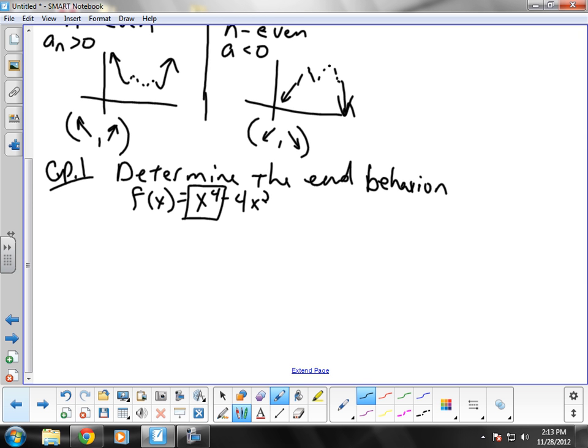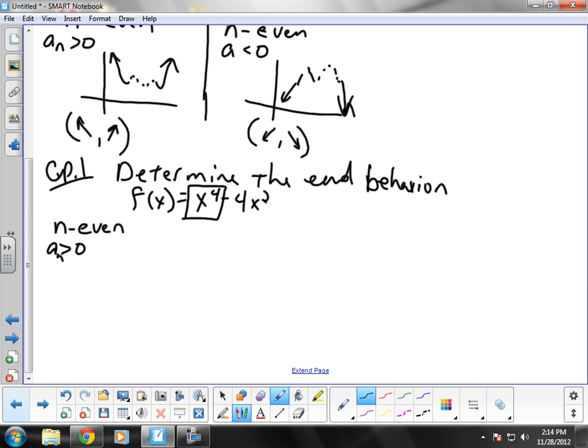Is that an odd or an even number? It's even. So the degree is even. And is the number in front of x, which happens to be no number up there, so what is it? Positive 1. So it's a number that is greater than 0.